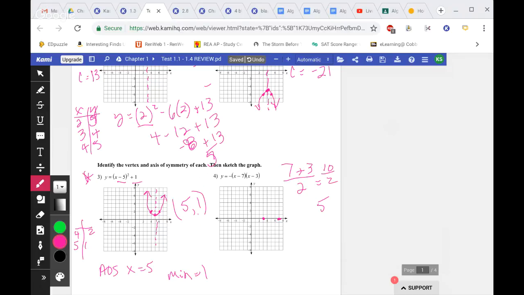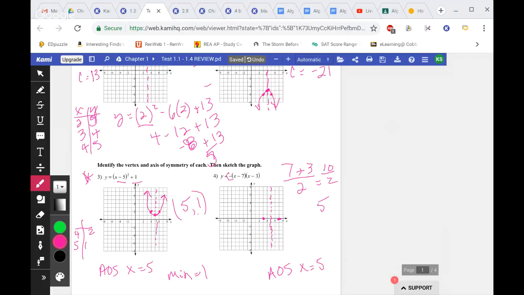Yeah. Okay, so my axis of symmetry is going to be x equals 5. Okay. Okay? So AOS is x equals 5. Oh, they're twins. They were both x equals 5. But what I do know is that this one is a frowny face because the leading coefficient is a negative. Right.